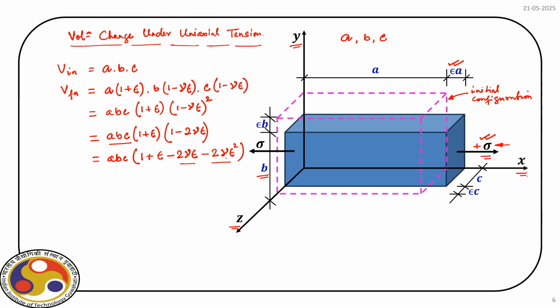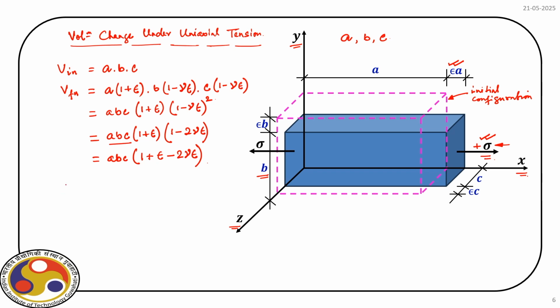Again we have an epsilon square term, and this is small, so we can neglect it. So, ultimately what we get after simplification is that the net volume is this quantity.